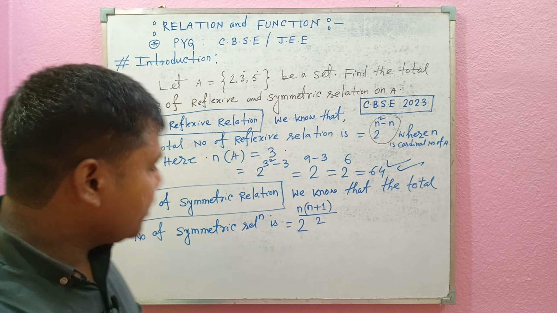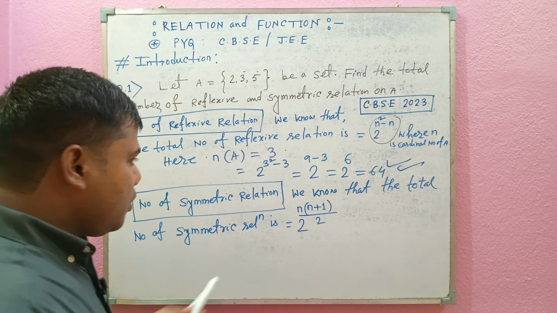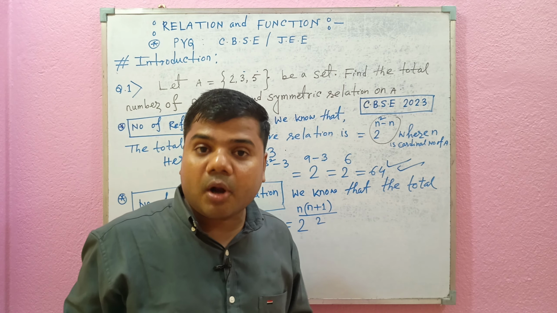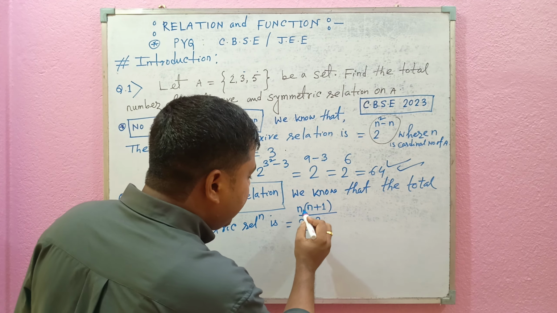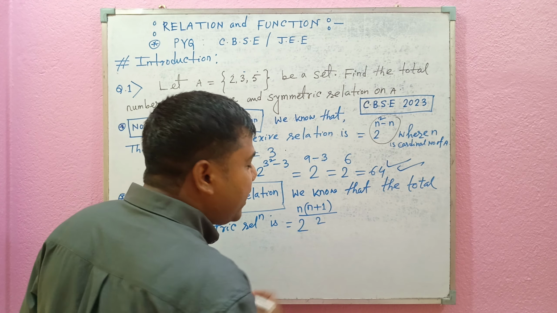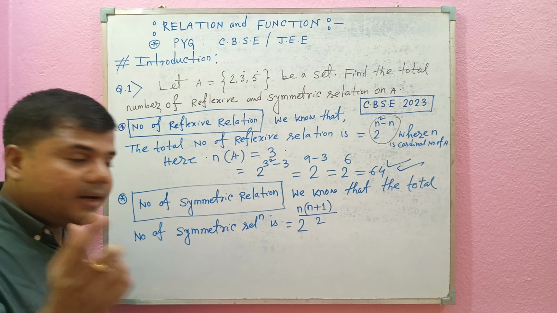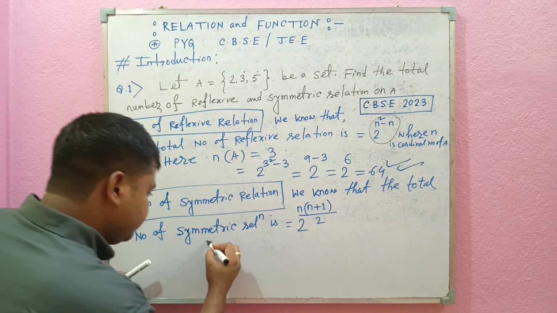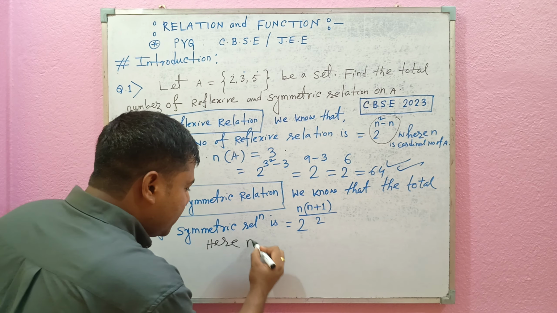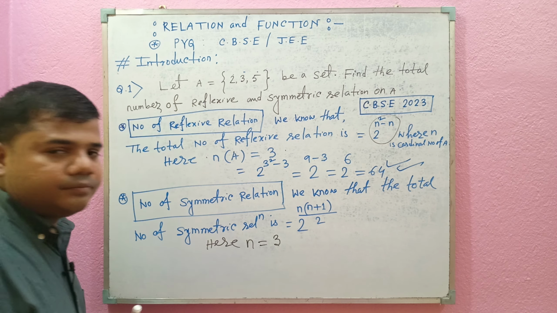Now, we know that the total number of symmetric relations is 2 to the power n into n plus 1 by 2, where n is the cardinal number of the set. Here n is equal to 3.